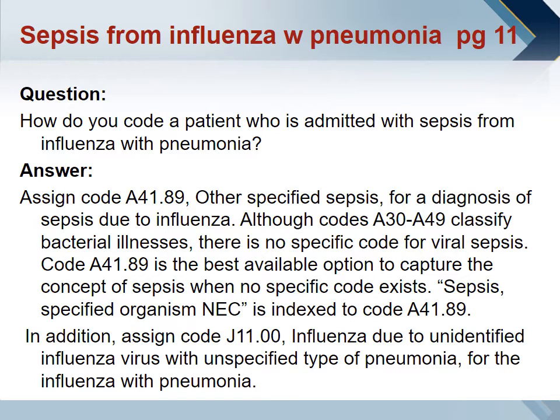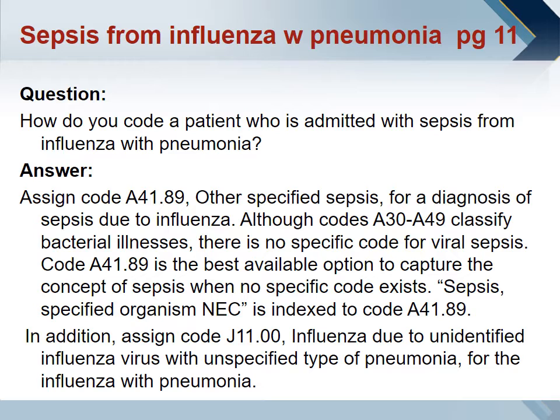We have the standard language, although there is no specific code for viral sepsis. This is the best option, and you will see this repeated in every question because each of these questions needs to stand alone. In the event that you're searching for answers to your very specific question, this language needs to appear in each question.